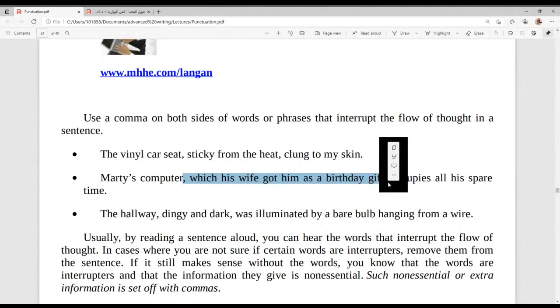That means this is extra information about the head noun. We can omit it. If you omit this part, the meaning of the sentence will be the same. If you omit this information, the meaning will not be changed or affected.